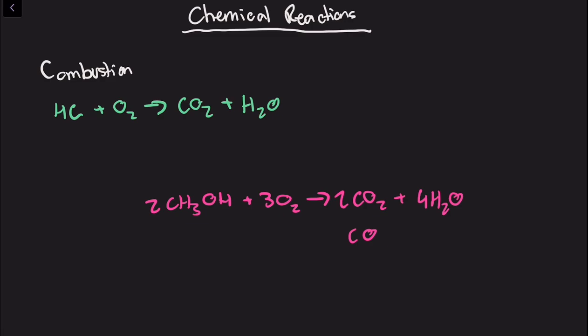Or with an extreme limitation of oxygen, we might just see the carbon, but we will see the water in both of these cases. So when we have very limited oxygen, if we have our methane again, we might only end up with carbon monoxide instead of carbon dioxide, and our water, or just carbon by itself and the water.